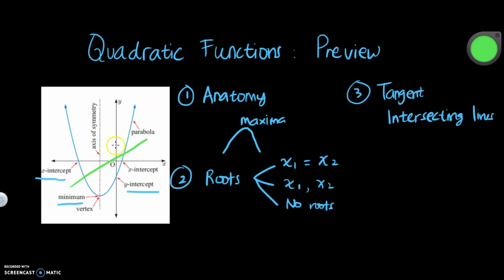That means you should be able to find these two solutions for this intersection, and you still use substitution or elimination to find them. Okay, and other than that, the fourth point here is quadratic inequality.